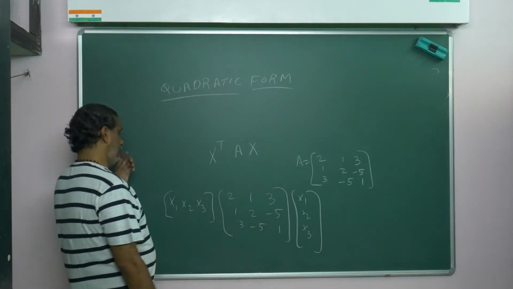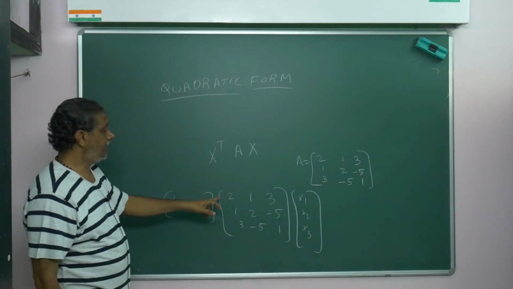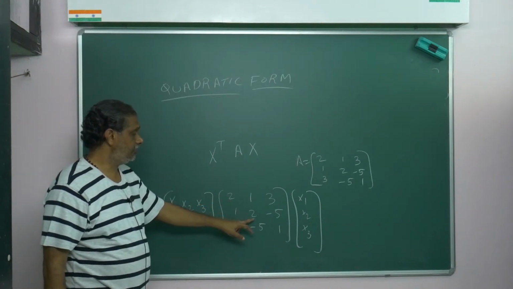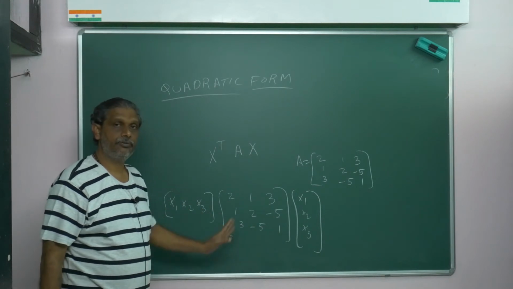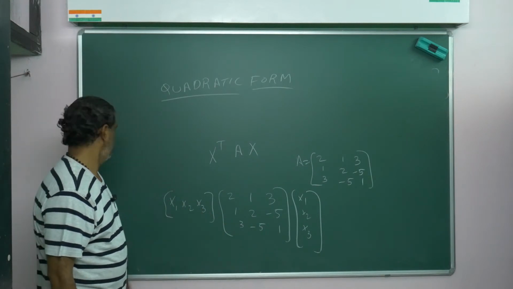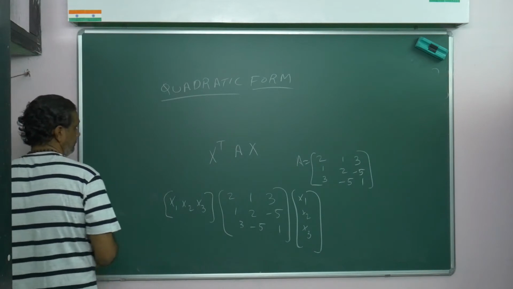Don't worry about that. Now if you multiply, on the diagonal you will get 2x1 square, 2x2 square and x3 square. You can check by multiplying, or blindly write it.